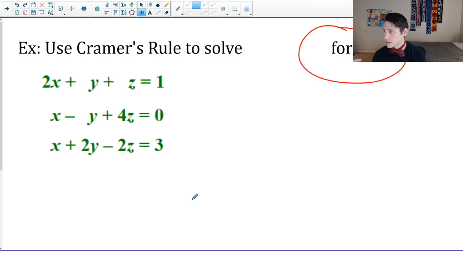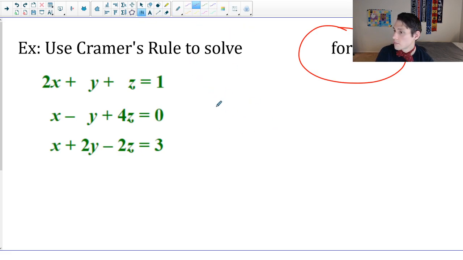If you solve a system by hand with substitution, elimination, or Gauss-Jordan elimination, you pretty much have to find everything: x, y, and z. Cramer's rule is good because we can just ignore whatever we don't want to find. If I want to find y, I know that y is Dy over D.